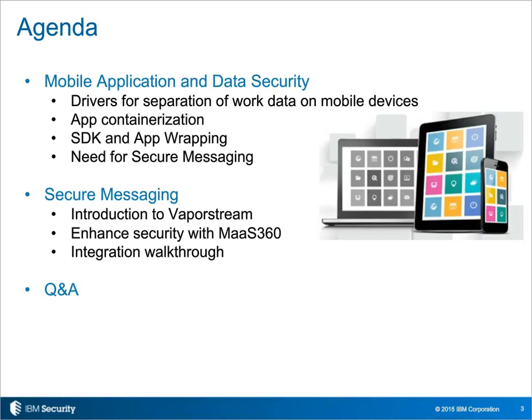That leads us to the conversation around containers and why app containerization is important for work information storage on mobile devices. The way this can be done is through SDKs, software development kits, or through app wrapping. So I'll talk about that, and also the need for secure messaging, after which Galina and Avi will walk us through VaporStream and the security enhancements that are in place now with this integration.